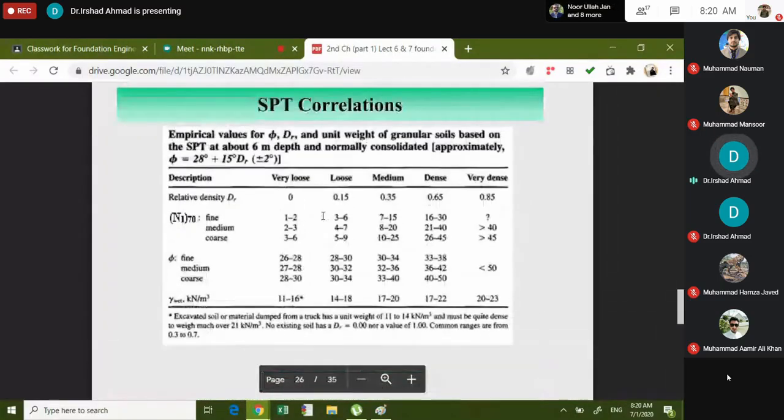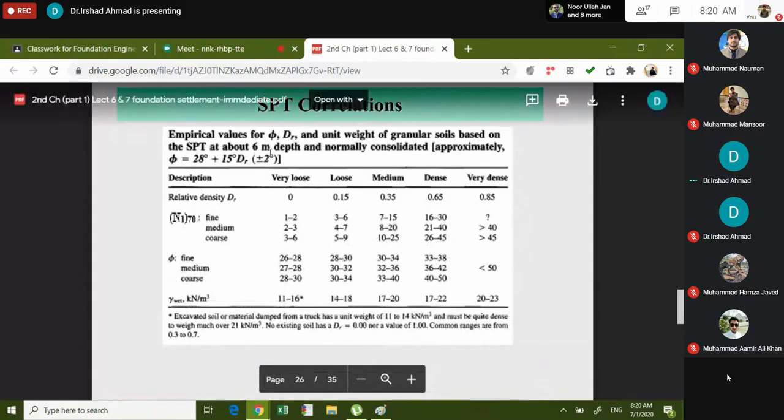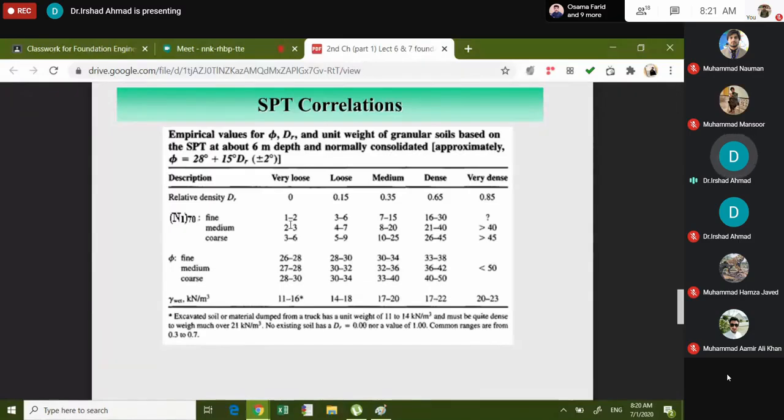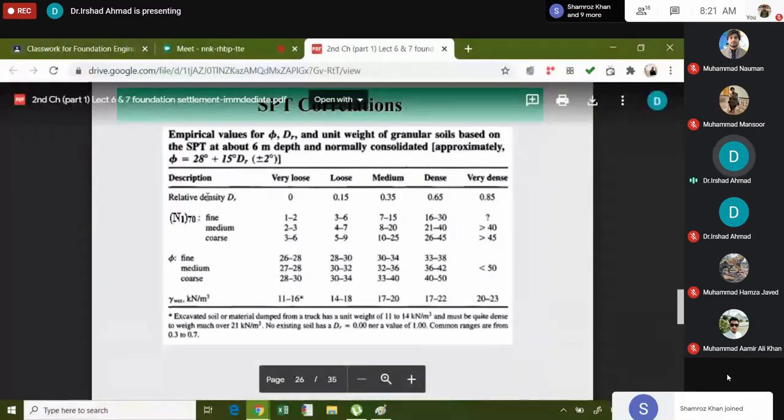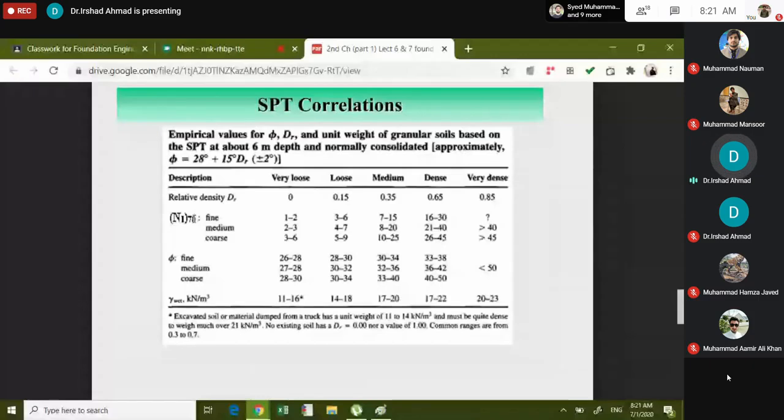This is another table. Here the N170s are given. When you get N170, because this table is from a book which considered 70, not 60 as standard, so we have to put it here, right?